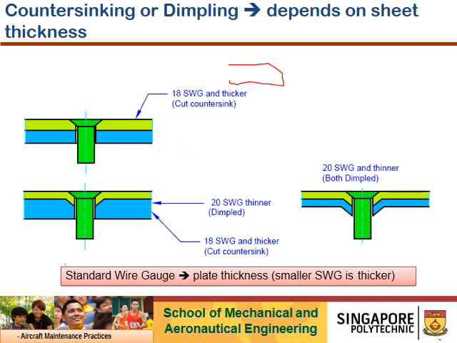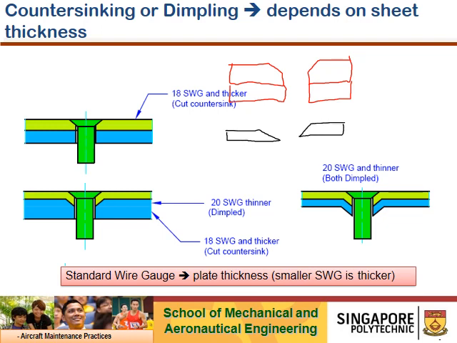If you were to do proper countersinking, this is the countersinking portion where you removed material. We will talk about the countersinking method when we carry out the practical. After you countersink, this is the shape that allows your flush head rivets to be installed flush onto the material.